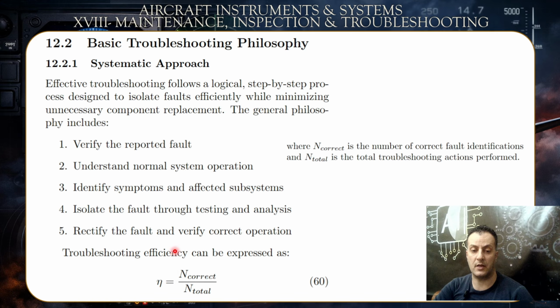Okay, the troubleshooting efficiency can be expressed as eta equals n correct, the correct approach, divided by the total, like the number of correct fault identifications, n correct, divided by all the total troubleshooting actions performed. That would give us the troubleshooting efficiency.